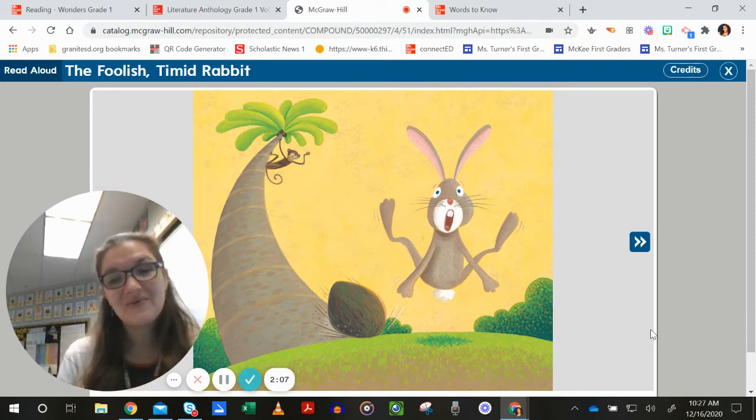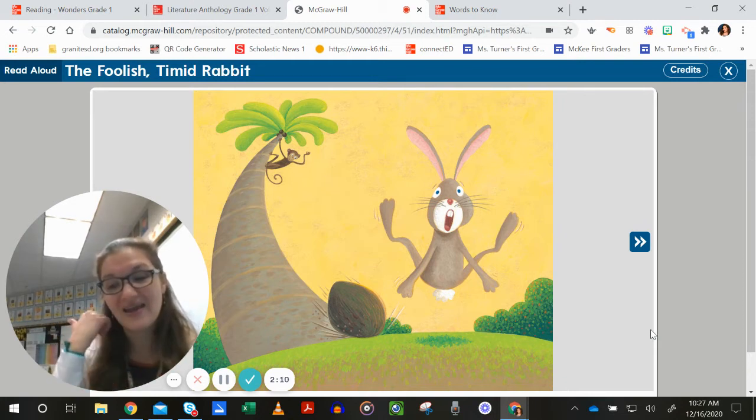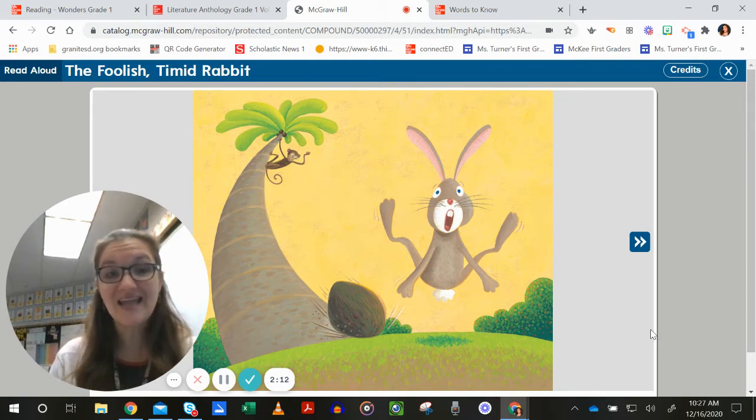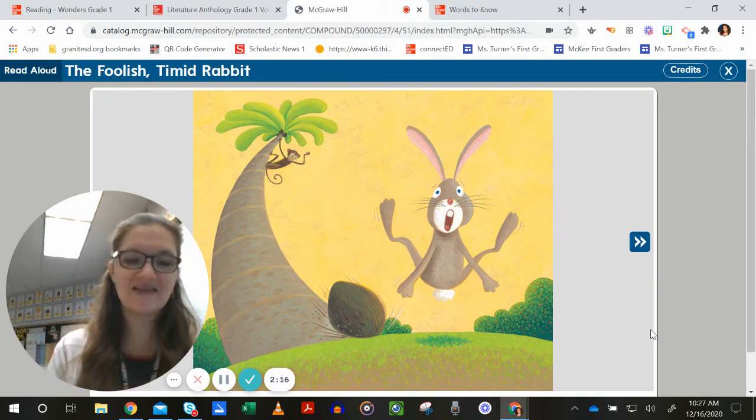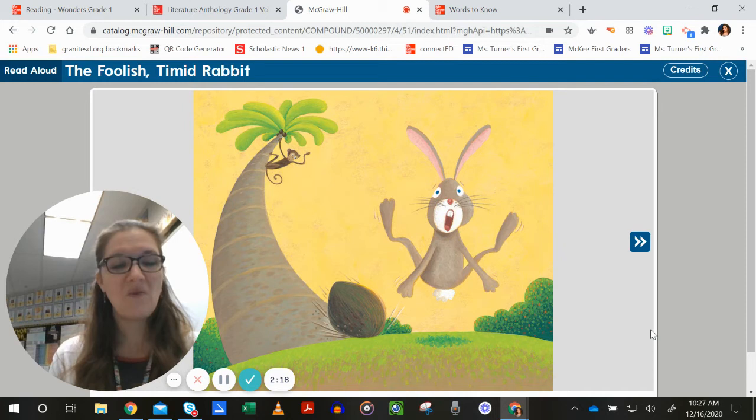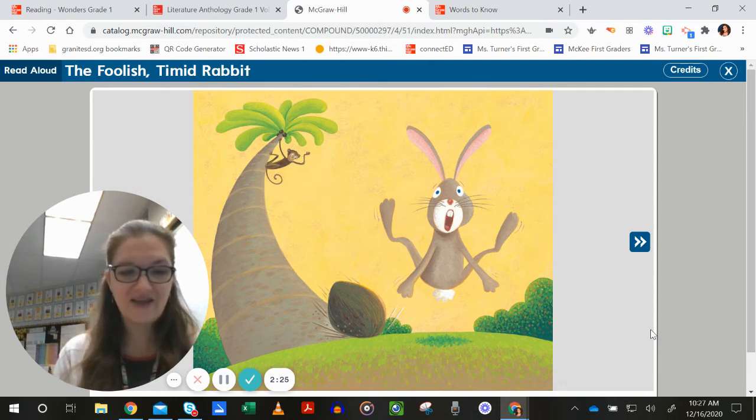There once was a timid rabbit. One day, the rabbit was sitting under a palm tree. As he sat there resting, he suddenly wondered what would happen if the earth were to break up in little pieces. Whatever would become of him? Just then, a monkey dropped a big coconut from the tree.